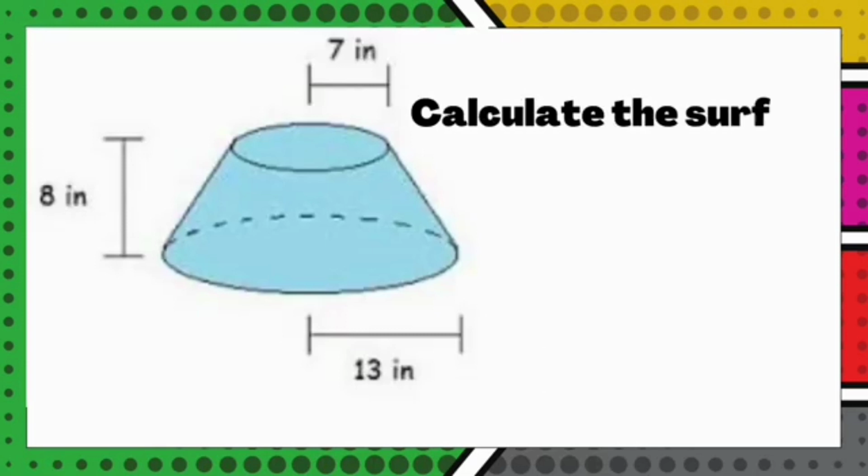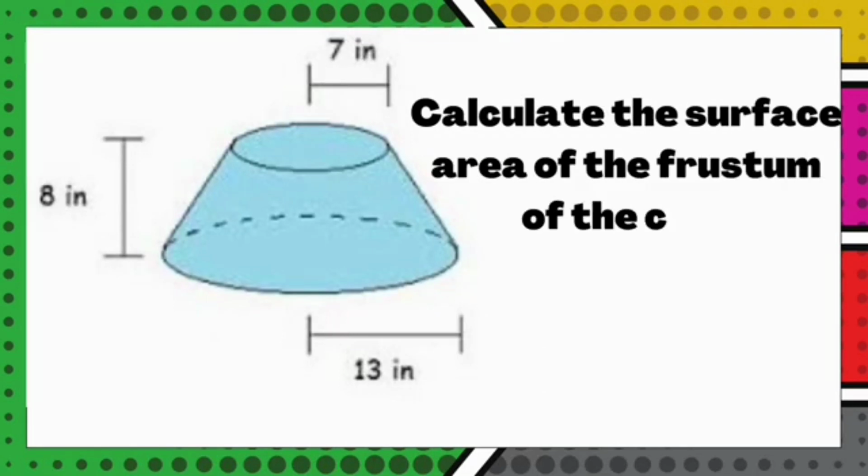In our next example, let's calculate the surface area of the frustum of the cone displayed here. The small radius is 7 centimeters, the big radius is 13 centimeters, while the perpendicular height is 8 centimeters.